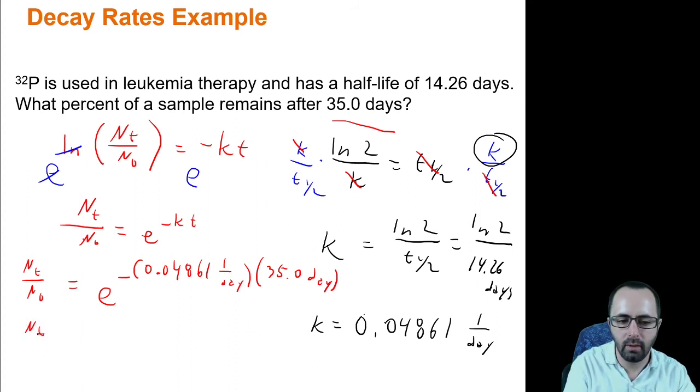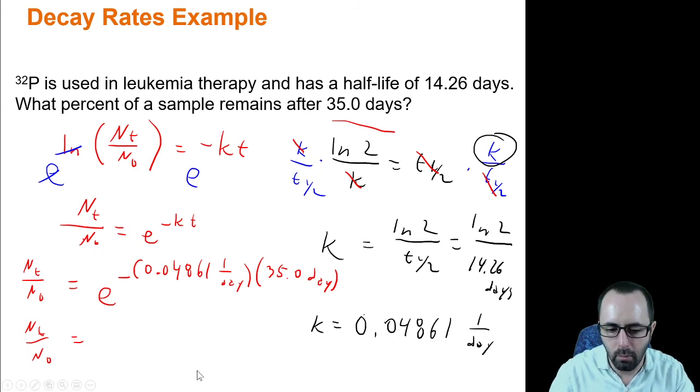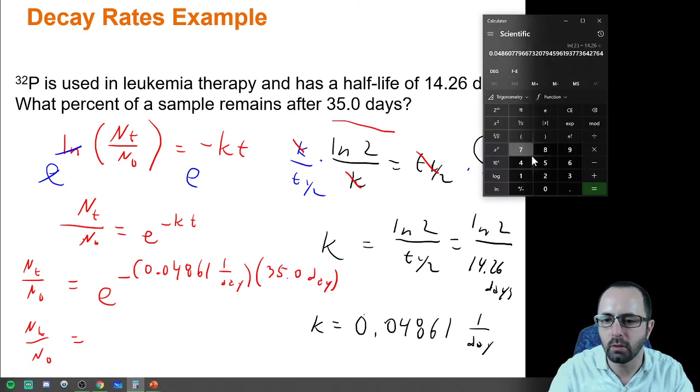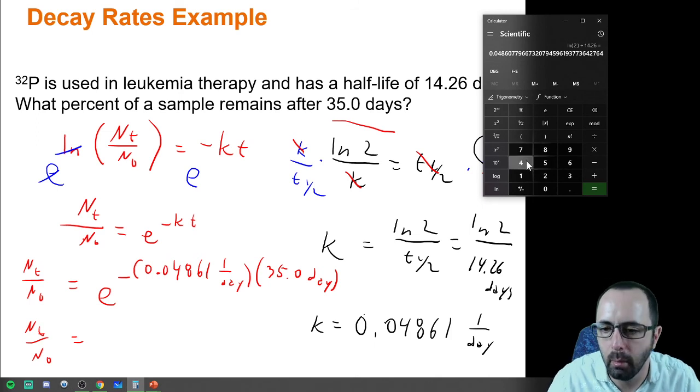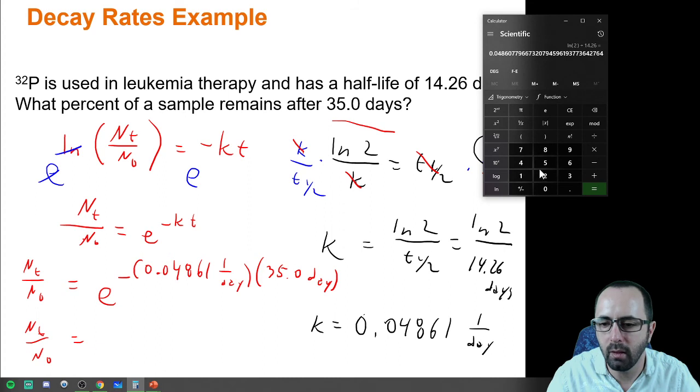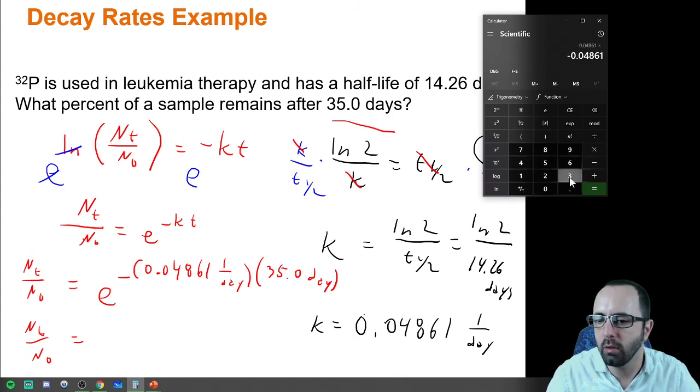And so Nt over N0 is going to equal, so on my calculator here, I've got a single line calculator, so I have to multiply what's in the top first. If you have a double line calculator, you can just type it all in with the e and everything. But for me, I'm going to put what's in the top first, so it's going to be 0.04861, and that's going to be negative, times 35. And then I want to take e to the power of that.